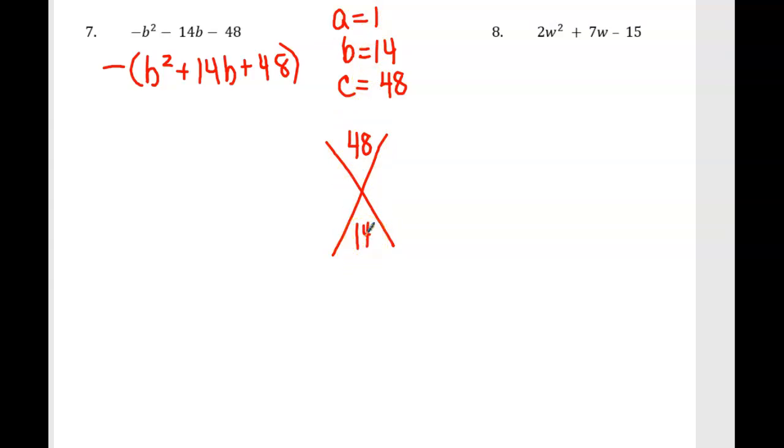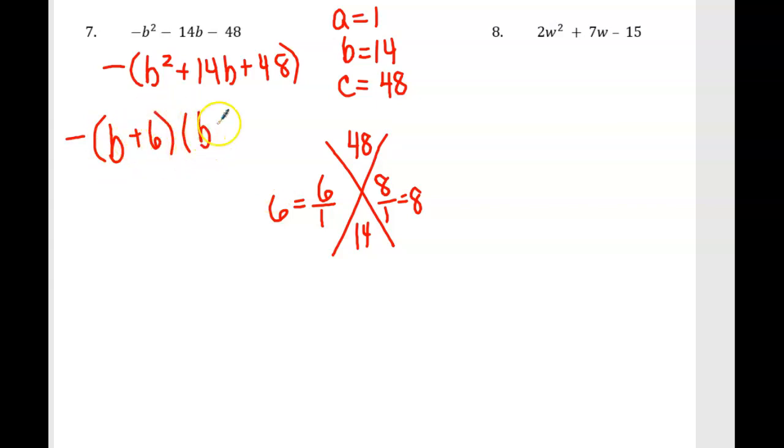The two numbers I can multiply to get 48 would be 6 and 8 or 8 and 6. The order doesn't matter. I then divide by that leading coefficient, and I have 6 and 8. So I don't want to forget about the negative. I bring that down, and my variable's b, so this would be b plus 6 times b plus 8.